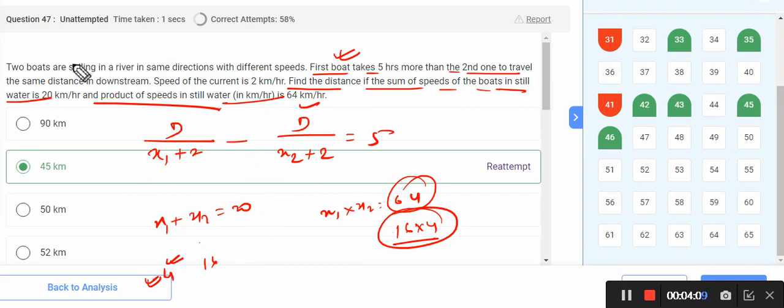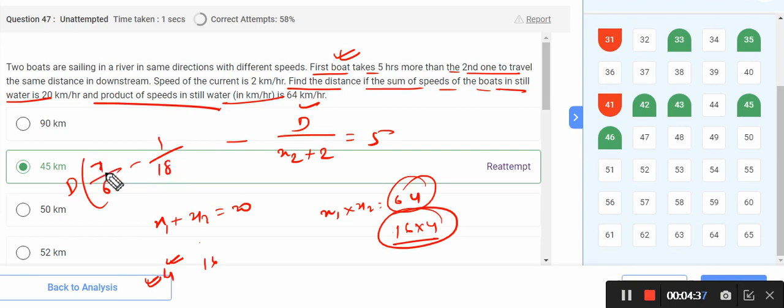Now what they have asked is to find the distance if the sum of the speeds of the boats in still water is 20 kilometers. So now we have all the values. In D we are taking it as common, so 1 by 4 plus 2 is 6 and minus 1 by 18.